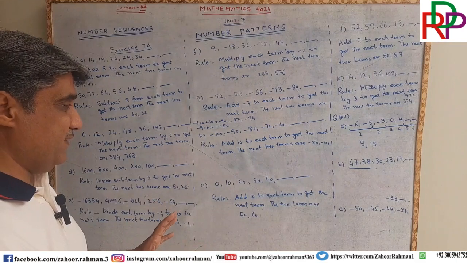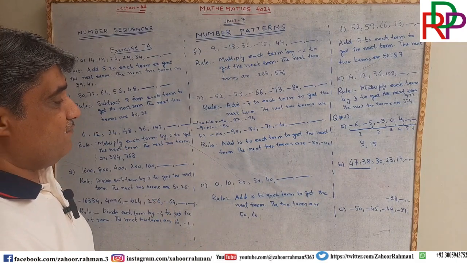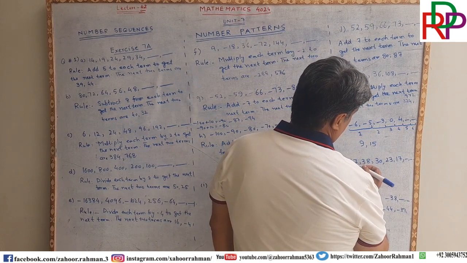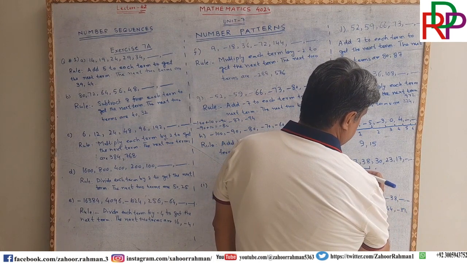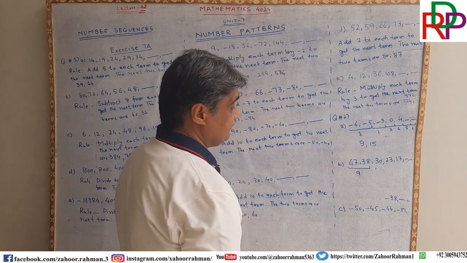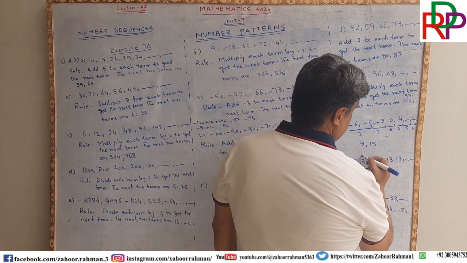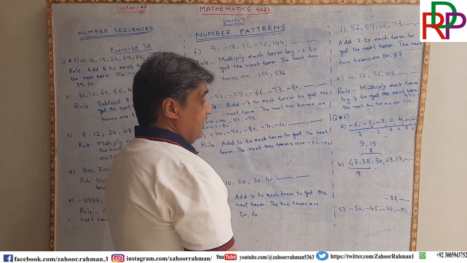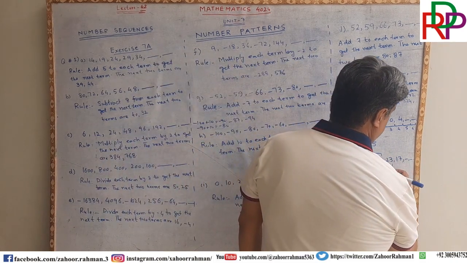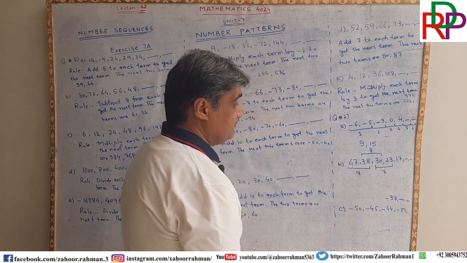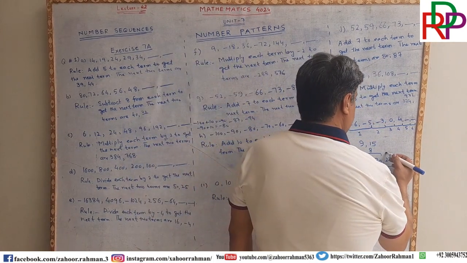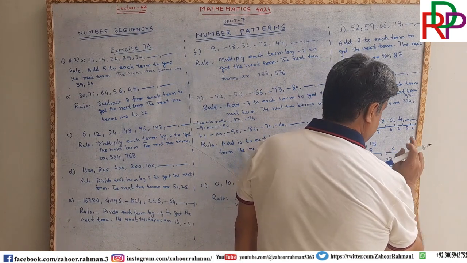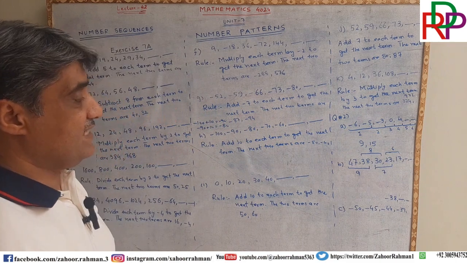You have to give a look to it. 47 minus 38 will give you a difference of 9, and this will give you a difference of 8, and this will give you a difference of 7, and this will give you the difference of 6. So 9, 8, 7, 6. The next difference will be 17.